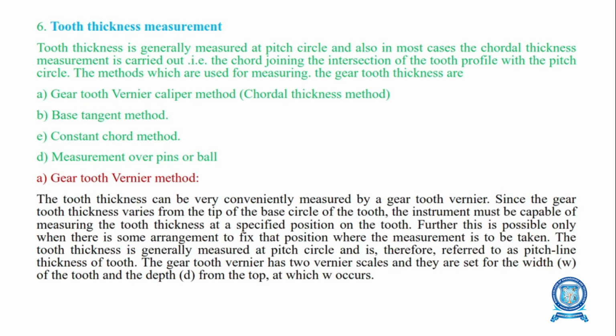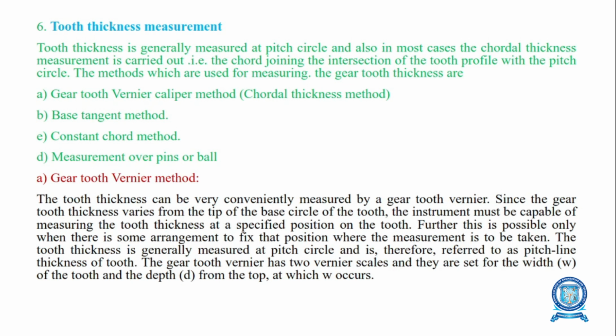The difference between the chordal tooth thickness and the circular tooth thickness is very small for gears of small pitch. Here we use some measuring techniques for gear tooth thickness.